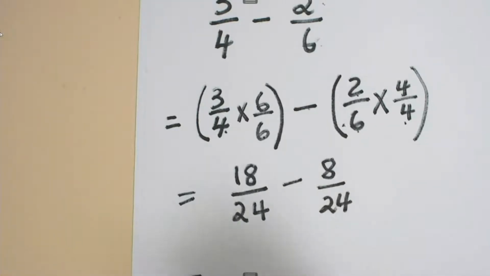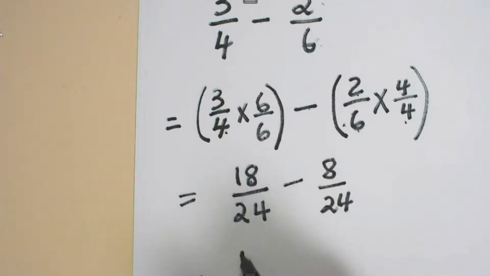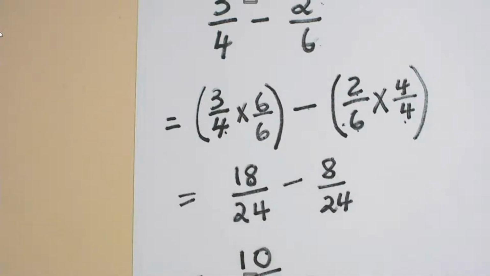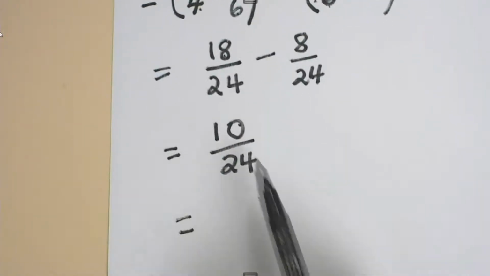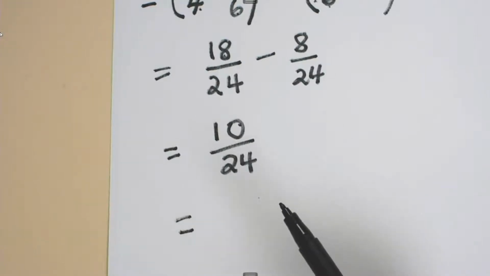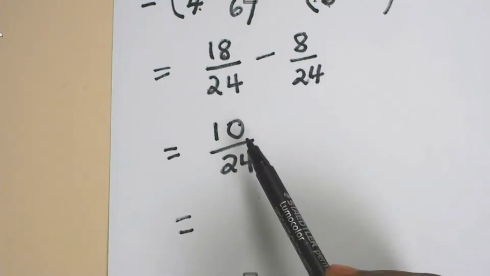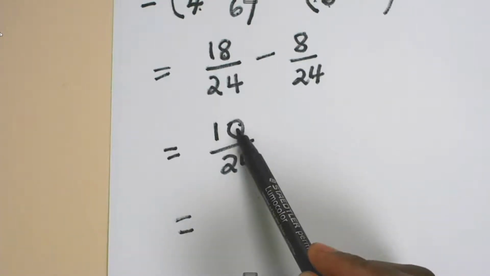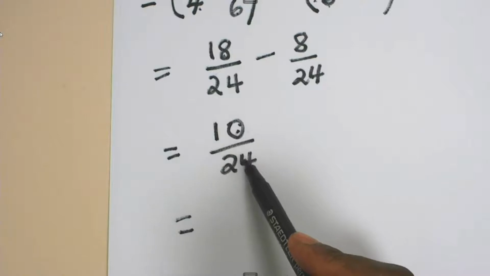Now, if the denominators are the same, we may now subtract the numerators. 18 subtract 8 leaves us with 10 out of 24. So our final answer becomes 10 out of 24. Now, in this case, we can simplify this fraction. Again, it is simple. We just observe the numerator and the denominator and check whether there is a number that can go into the numerator without leaving a remainder, and also go into the denominator without leaving a remainder.